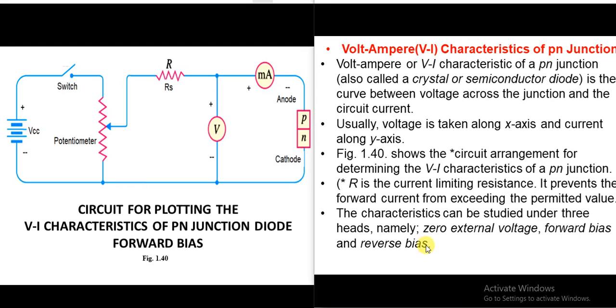The characteristics can be studied under three heads: zero external voltage, forward bias and reverse bias. Here in this diagram I have kept the switch open, that means zero external voltage. Forward bias means the anode is connected to the positive terminal of the battery and the cathode is connected to the negative terminal of the battery.